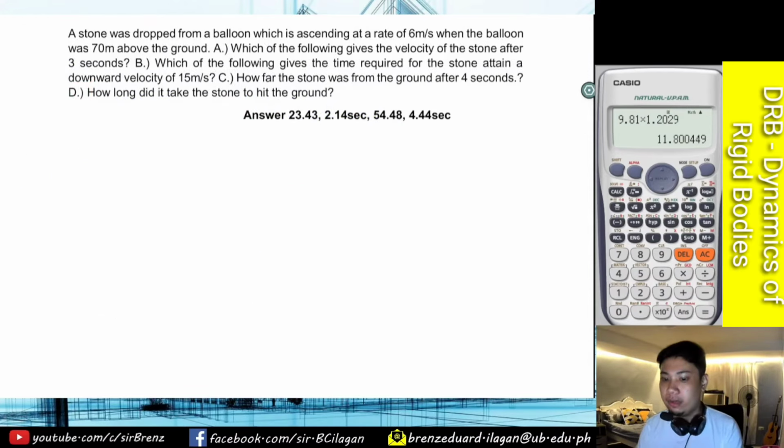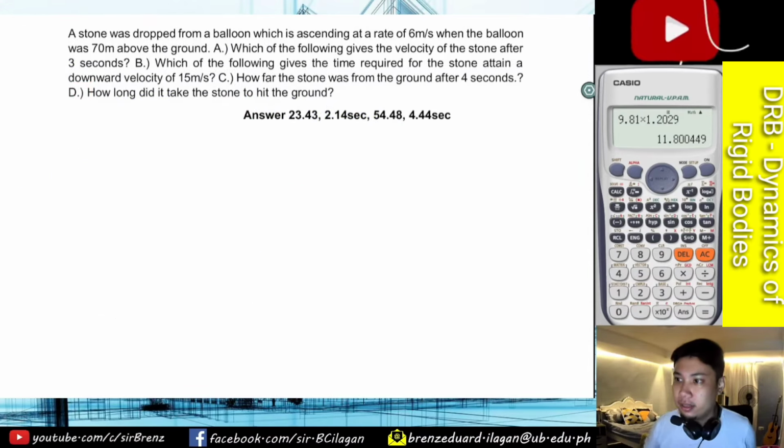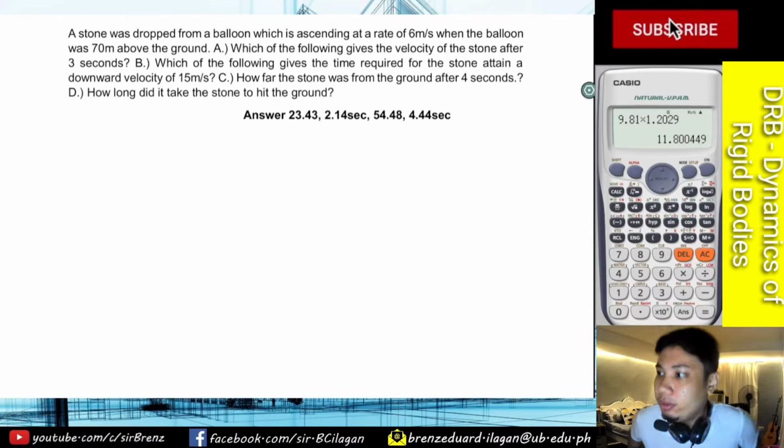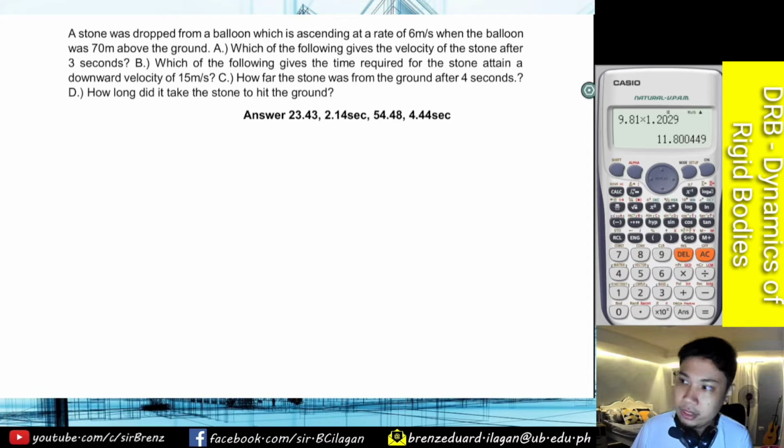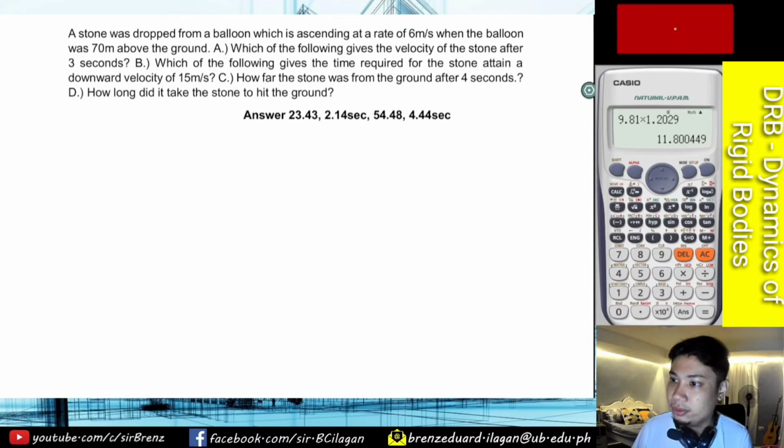Okay, so problem number 3, let's read. A stone was dropped from a balloon which is ascending at a rate of 6 meter per second when the balloon was 70 meters above the ground. Letter A, which of the following gives the velocity of the stone after 3 seconds?